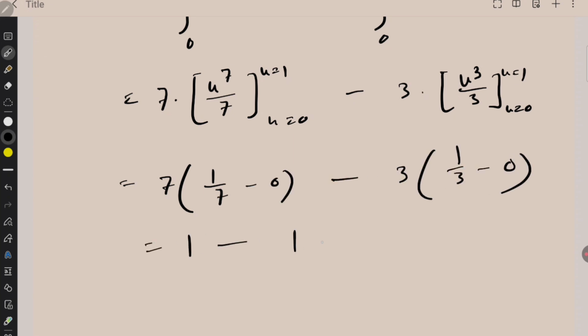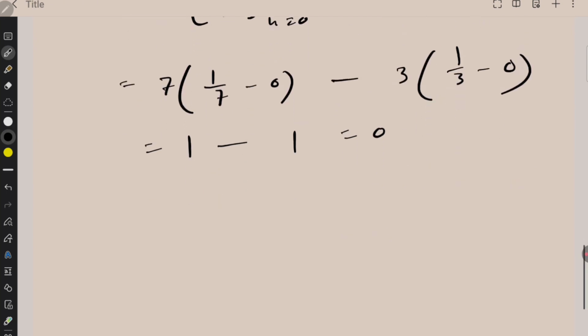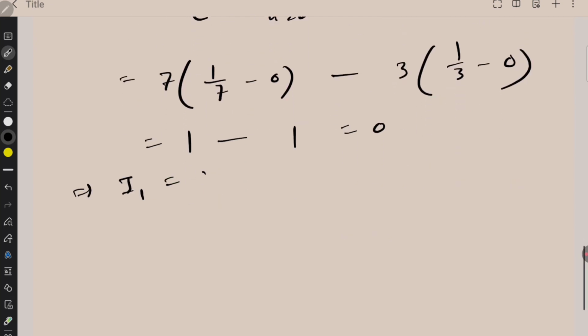So 1 minus 1, which is 0. So the value of I1 is 0.